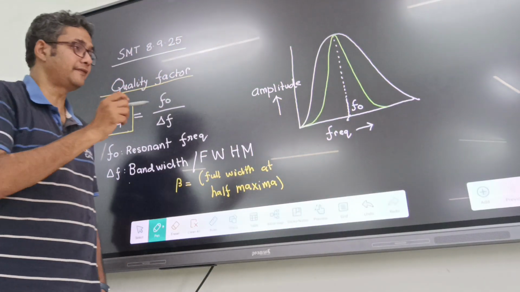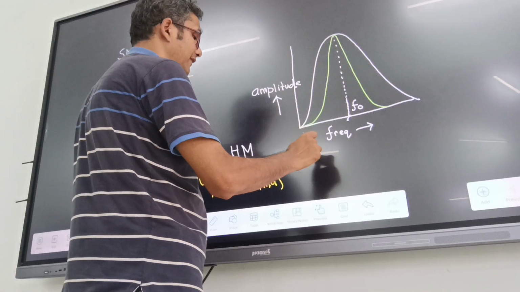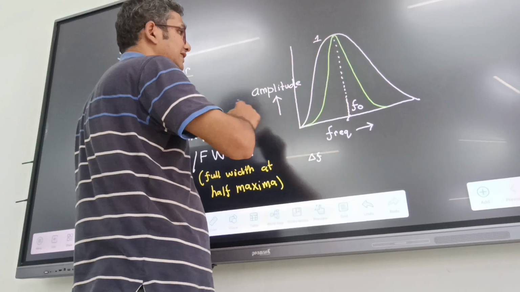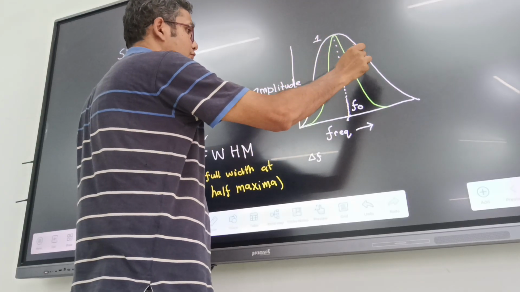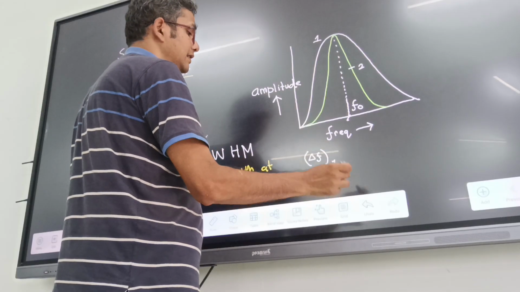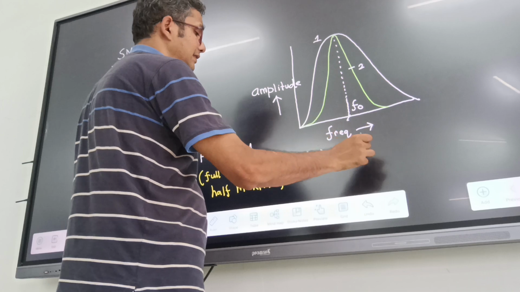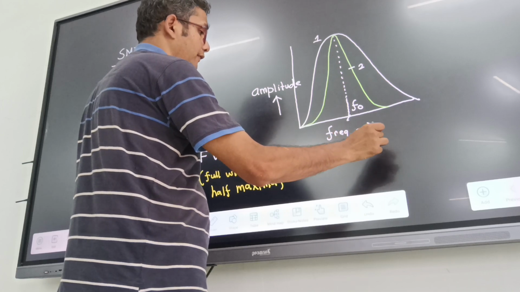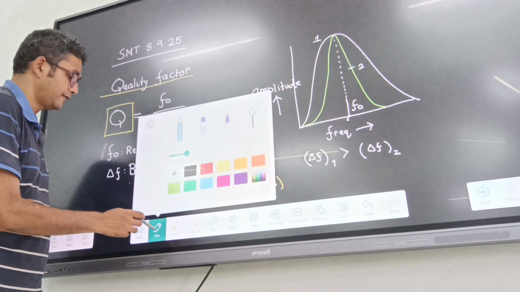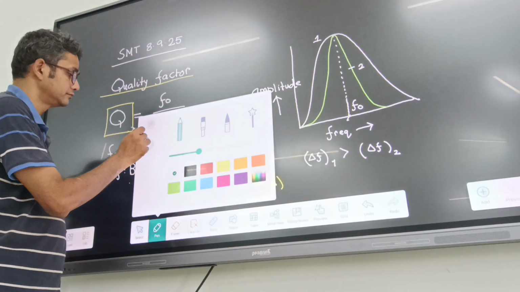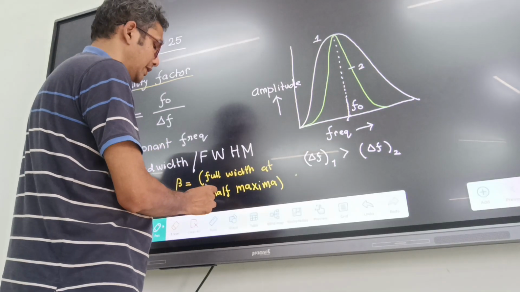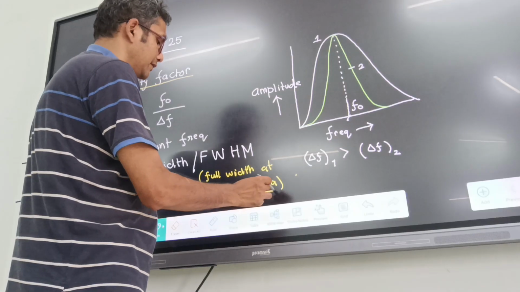What is different is your delta F. So if I say this one as 1 and this one as 2, delta F of 1 is more than delta F of 2. How do we know that? If we draw the full width at half maximum, that means we need to go to half of the maximum. So this is the total.